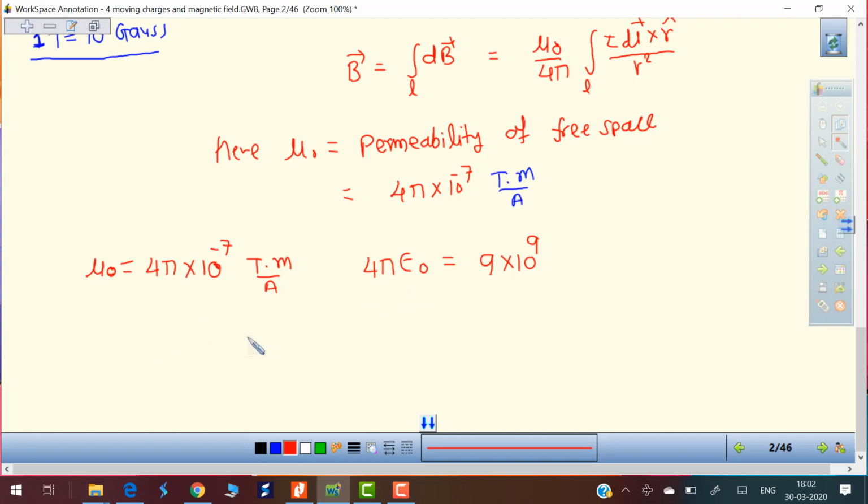Now what we do is multiply mu 0 into epsilon 0.